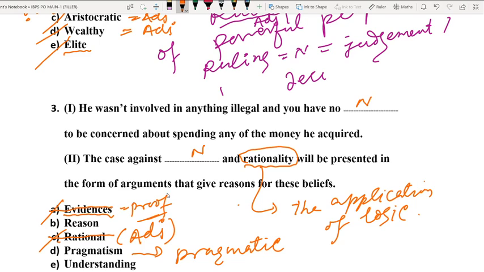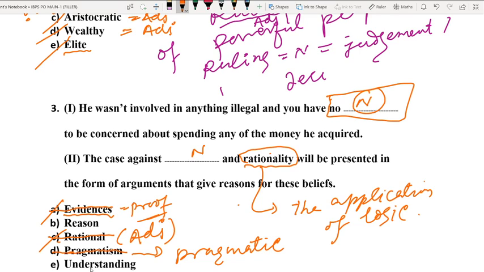Though this word is a noun, we need a word in the first blank which is synonymous with rationality, and here it should give a slightly negative meaning. When we combine the word with no, that no plus the noun phrase should give us a negative meaning. So pragmatism cannot go into the first blank.